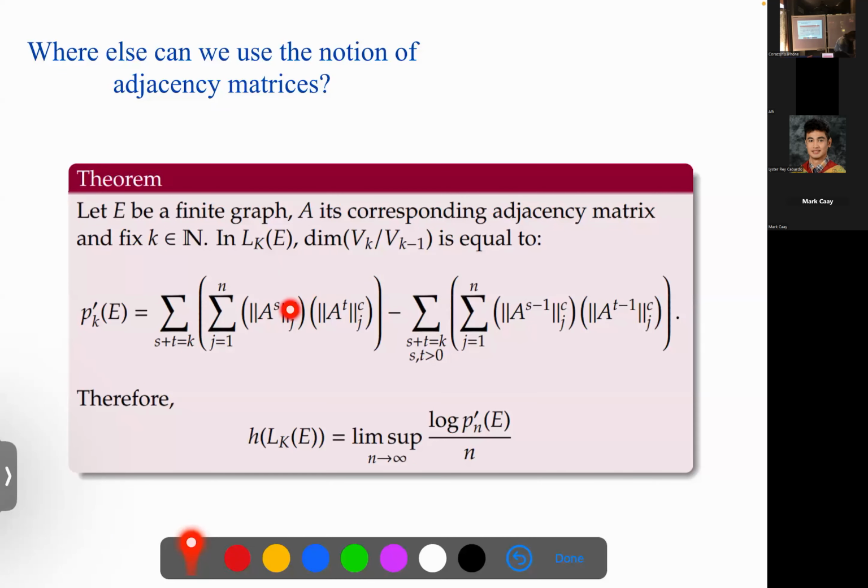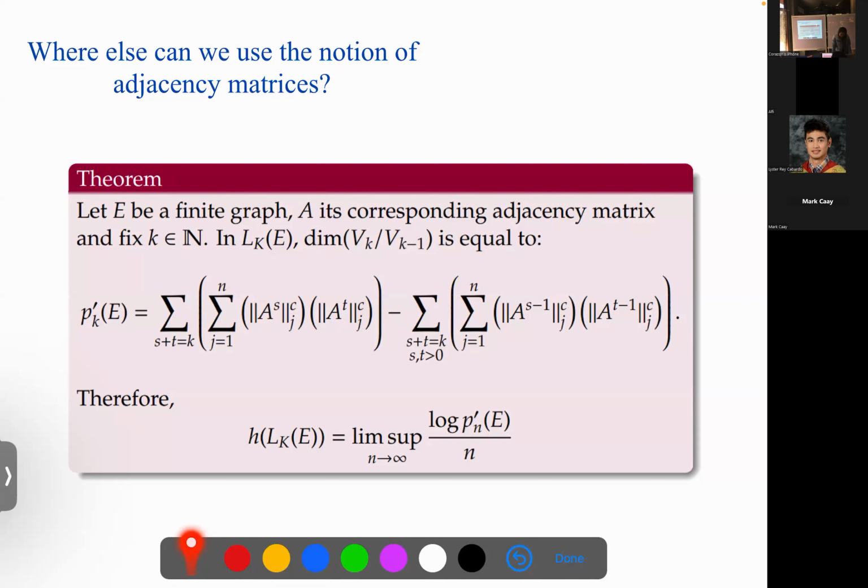This C here corresponds to column. By column, I'm just saying that I take the jth column, if I remember correctly, and then I add all of those entries in the jth column. So that's the notation. Okay, so it's the L1 norm on the jth column.